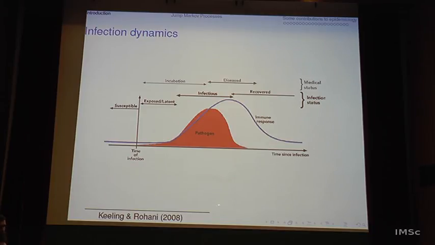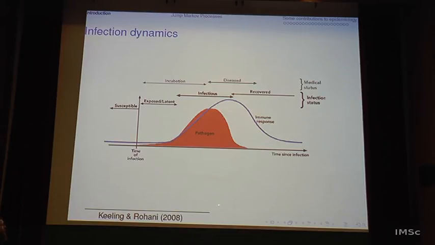During this time, you're not infectious. What we call you are exposed or latent. So before that, you were susceptible. Then at some point, you have a viral load that becomes high enough, so you become infectious. But this viral load, as it increases, also triggers an immune response in blue. And this immune response is going to repress the viral load. So you're going to end your infectious period, and you're going to recover.